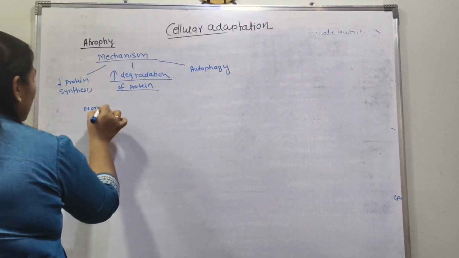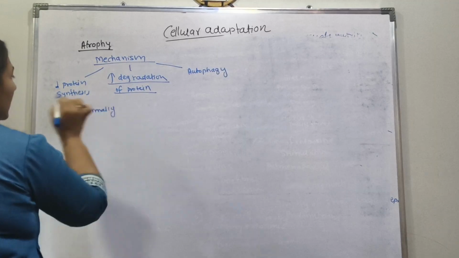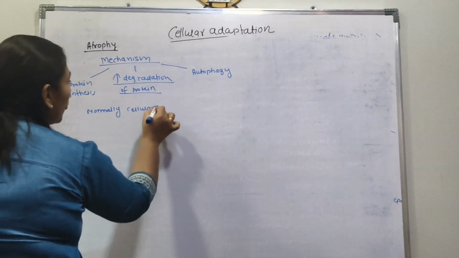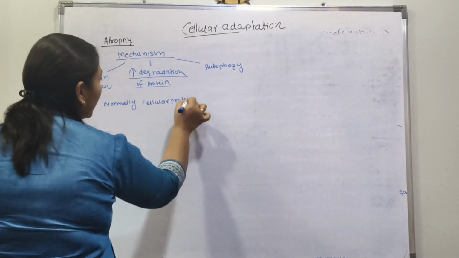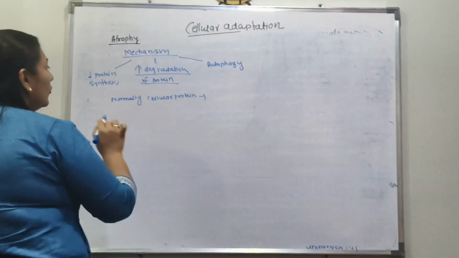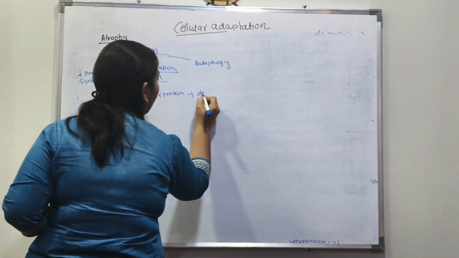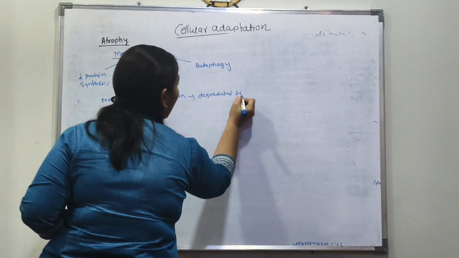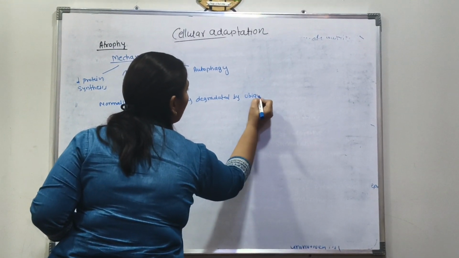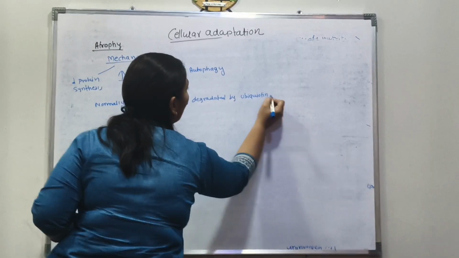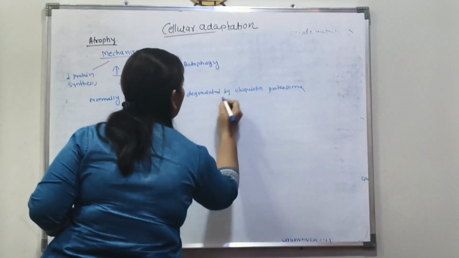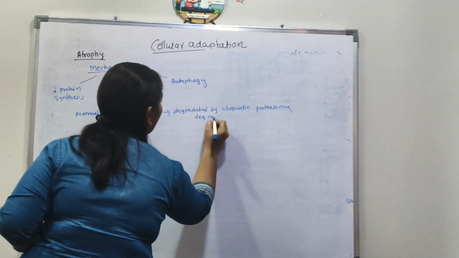Normally in our body, cellular protein is degraded by the ubiquitin proteasome degradation pathway.